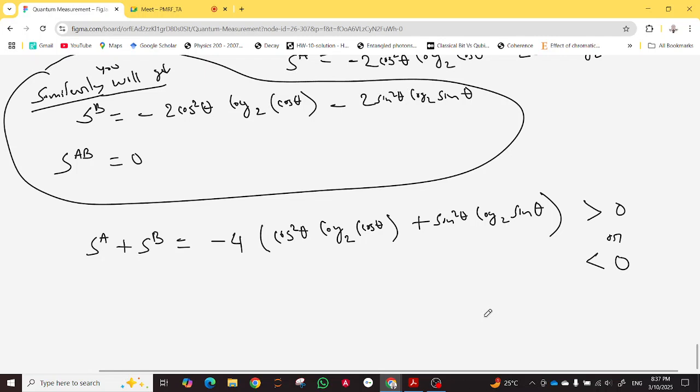Not always, I mean cos theta is less than 1 except at cos 0, and sin theta is less than 1, right? So this term is less than or equal to 1, and this term is also less than or equal to 1.